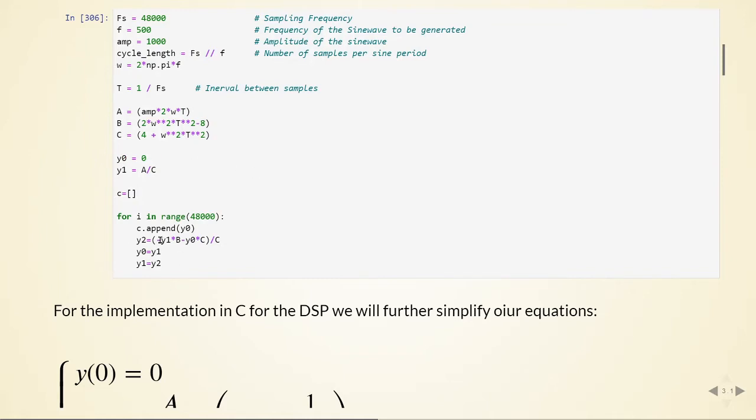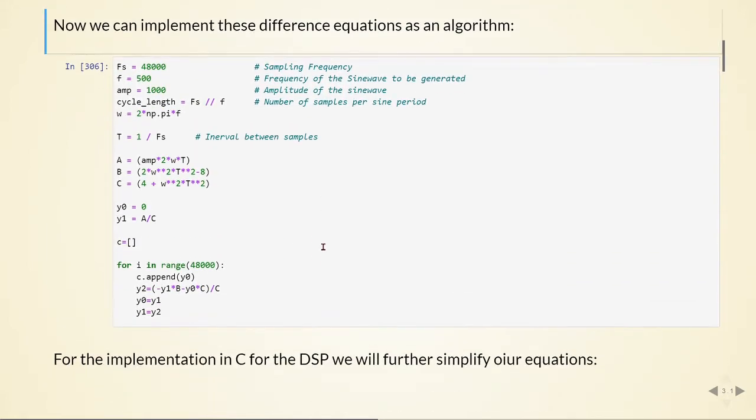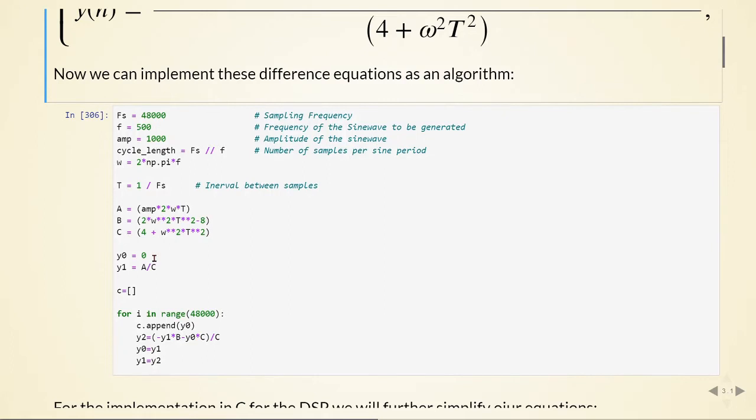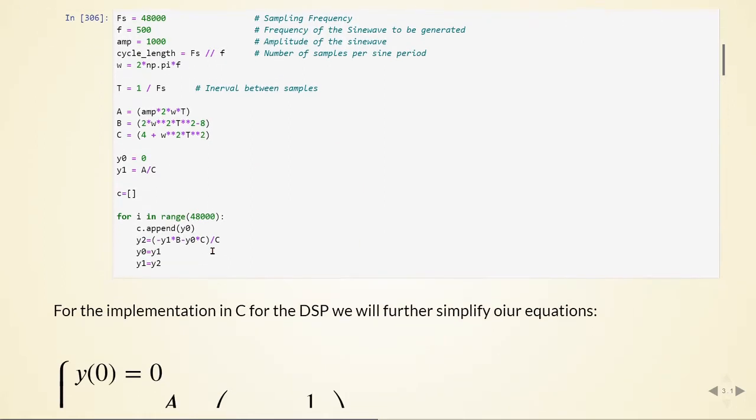Then I'm calculating y at n equals 2, because we already have n equals 0 and 1. After we calculate this, then in the next step y of 0 becomes y of 1, and y of 1 becomes y of 2.